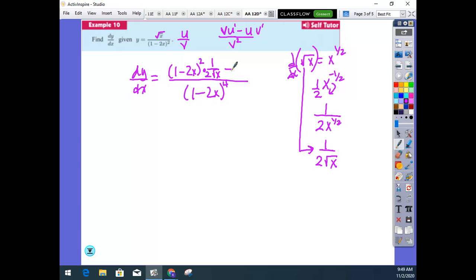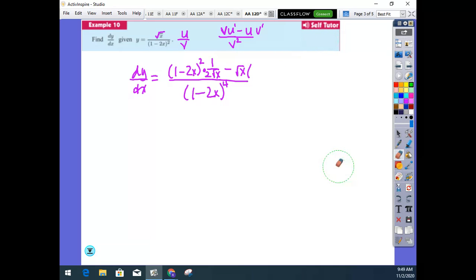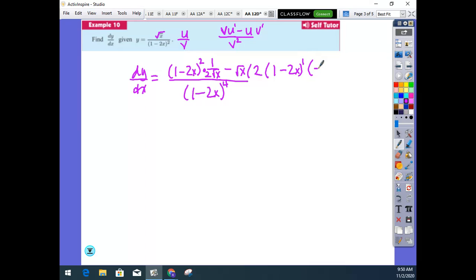minus U, which is our square root of x, times V prime. There's a chain rule here. We first do the power. So bring down the power, subtract 1, times the derivative of the inside, which is negative 2.